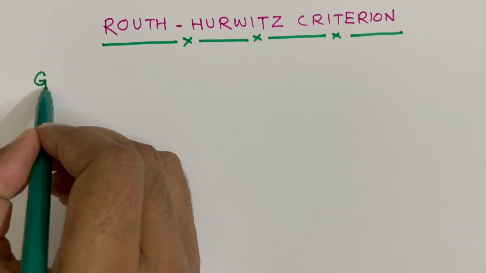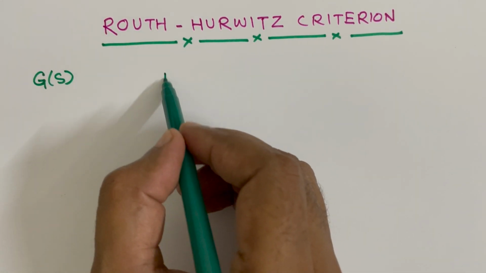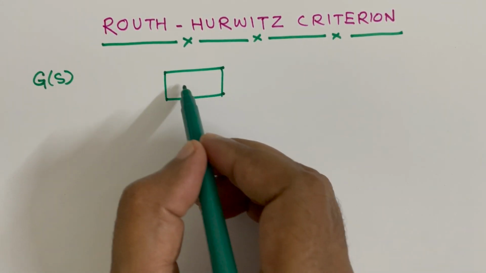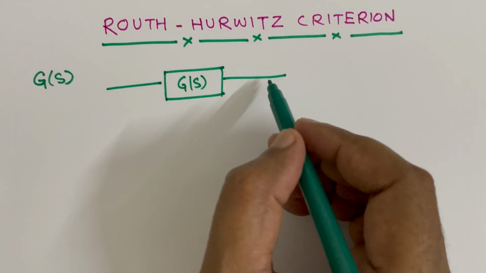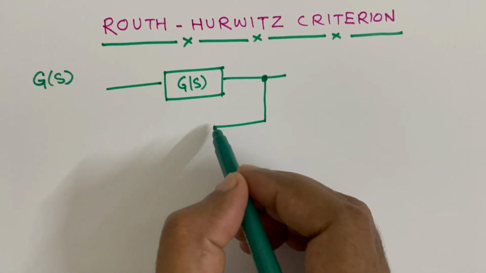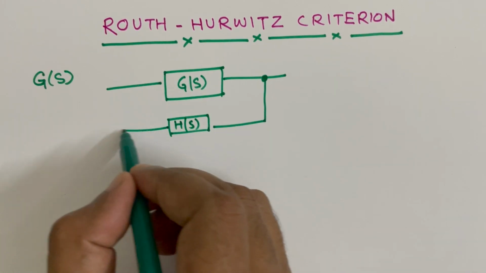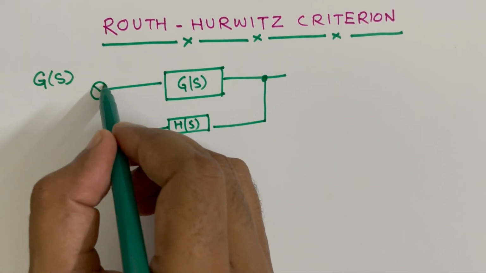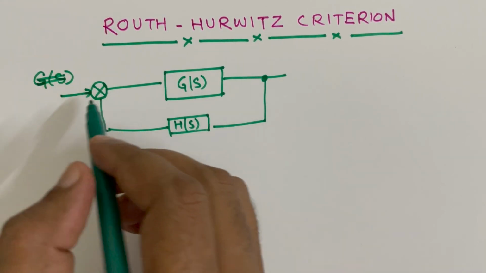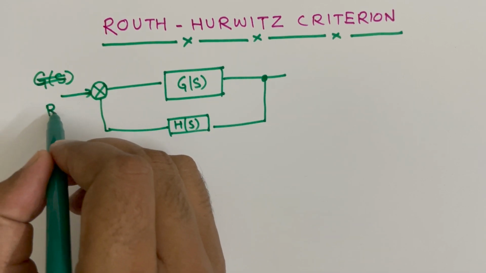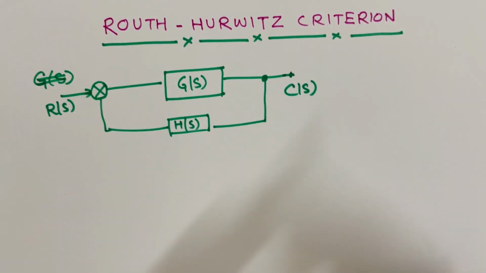So if we have a system which is having G(s) as the gain of the system, and then the system is having a feedback which is H(s), and both are combined over here, where the input is R(s) and the controlled output is C(s).